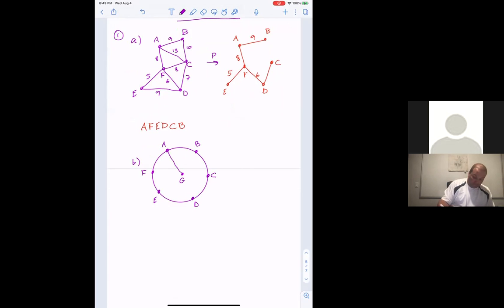A to G, B to G, C to G, D to G, F to G, but no E to G. And then we have some numbers: 11, 10, 15, 9, 14, 10, 13, 20, 18, and 17. Oh, missed this one, 12.